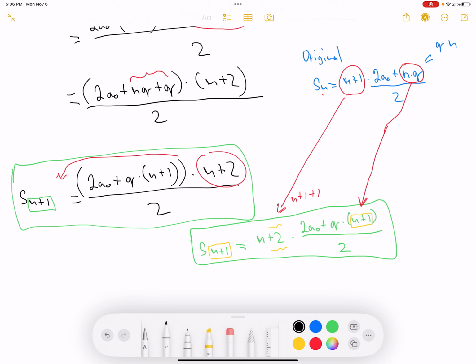So we basically assume that it works for Sn, and we try to add our formula for the next term, and we see if we can simplify it in a way that makes sense, so that those two connect and work together. And if it works out, then it's valid. And that's pretty much it.